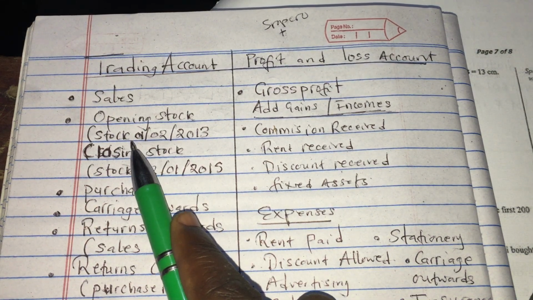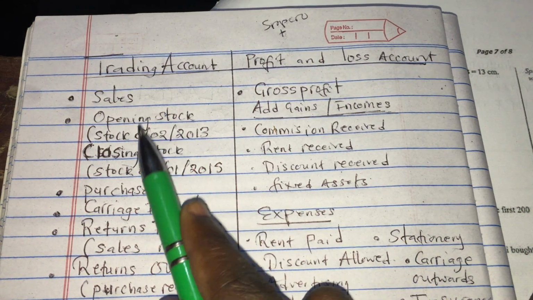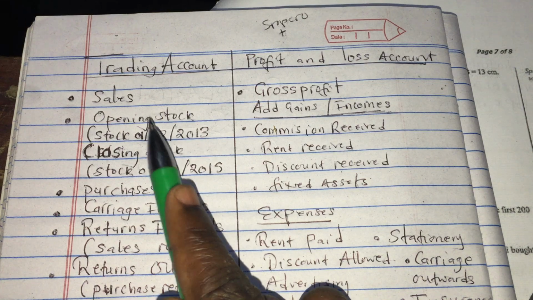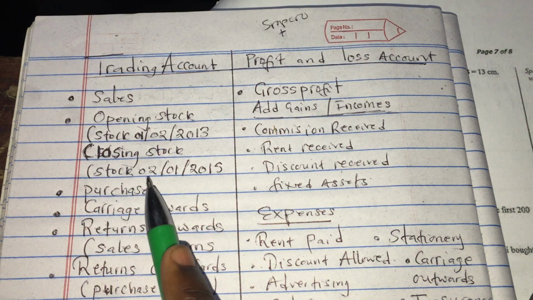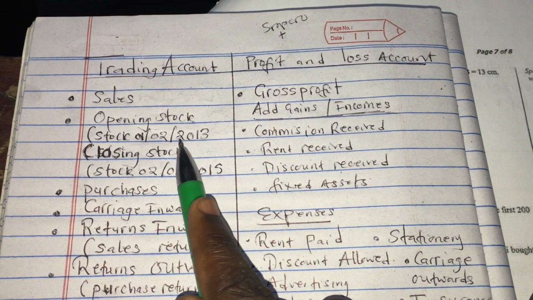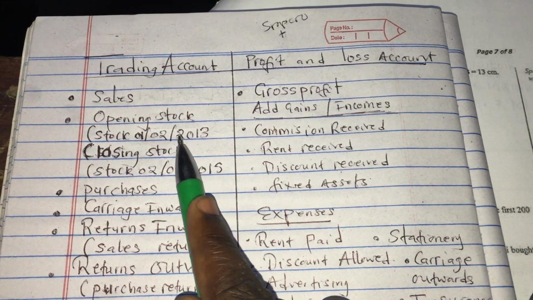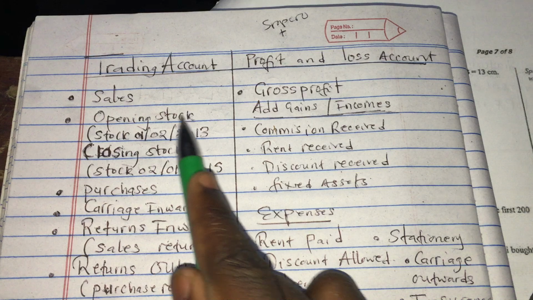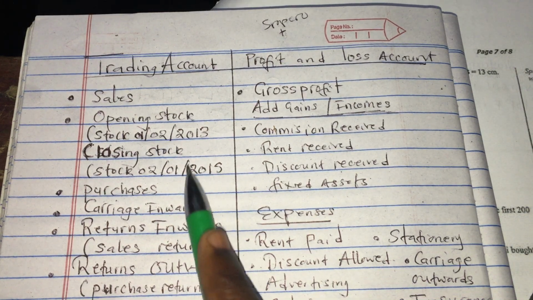So we do have the date for the opening stock and also the date for the closing stock. Now the question is, how do you know which is the opening stock and which is the closing stock? So listen, you have to check the years. We do have 2013, and also here we do have 2015. So now 2013 comes first. So this is our opening stock, and this is our closing stock.